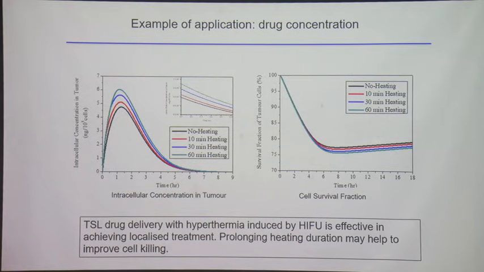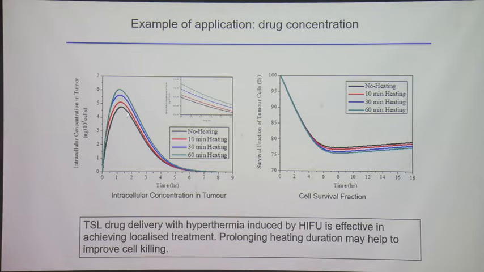And then this gives you the key parameters we're interested in, and that includes the intracellular drug concentration and the cell survival fraction. You can see that these different curves correspond to different heating modes. If you don't apply any heating, that means you only have the leakage of the drug, and you don't have the benefit of increased release rate.